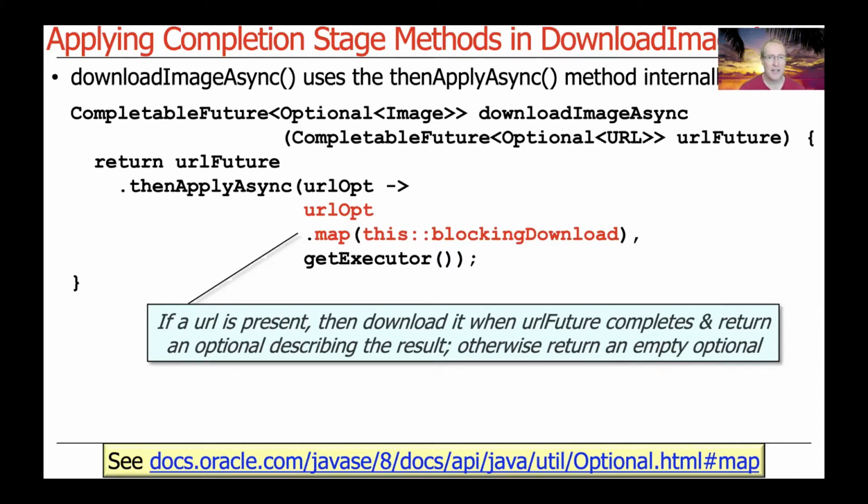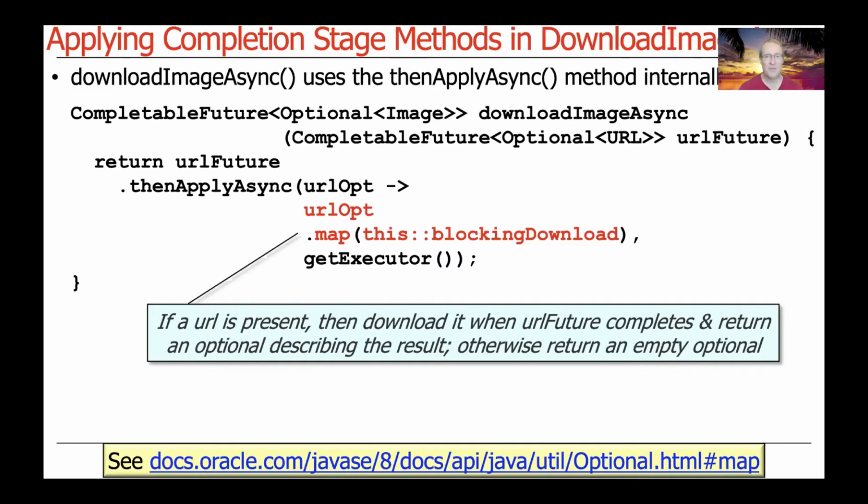And the blocking download method reference is only going to be invoked if the URL optional object is non-empty. So if it's empty, in other words, if we've already cached this thing, then we're just going to skip over the behavior that's passed to map, or more specifically, the optional implementation will skip over that. So the way map works on optionals is they only do anything if there's actually a value associated with that optional.